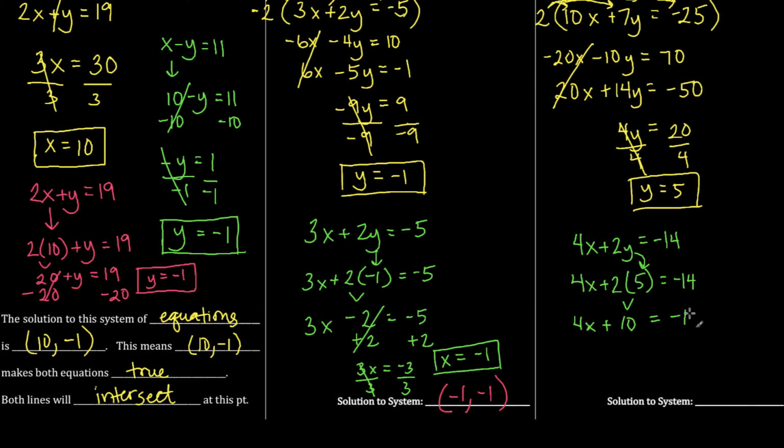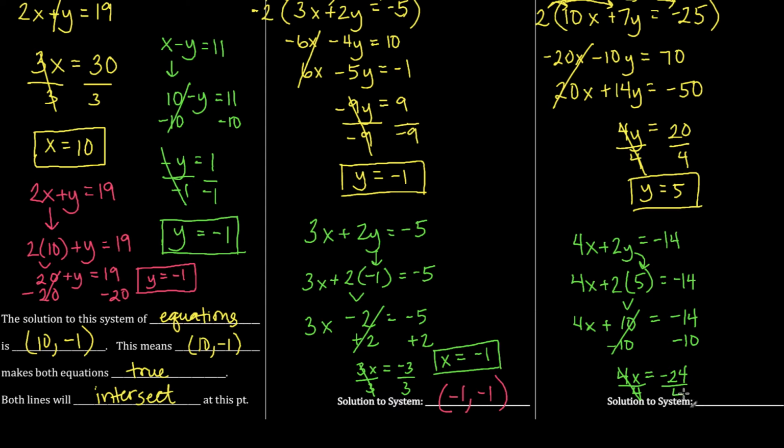equals -14. I subtract 10 from both sides. I get 4x equals -24. -14 minus 10 is -24. Divide by 4.